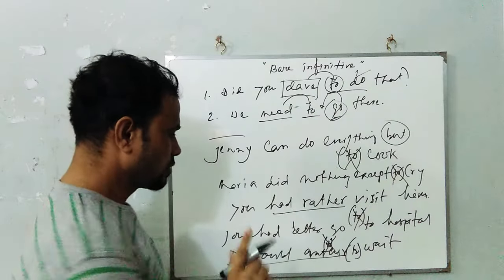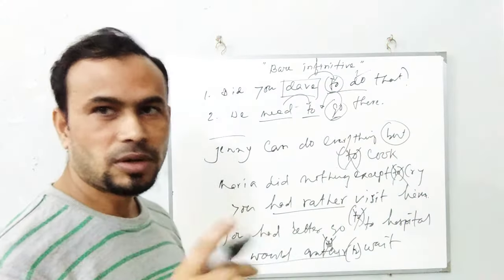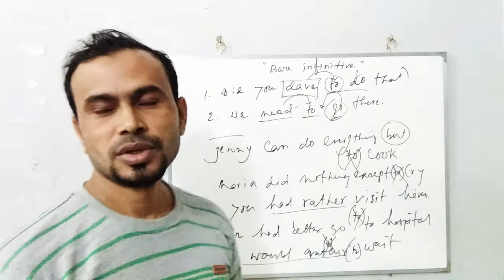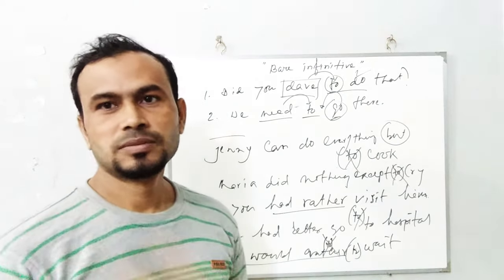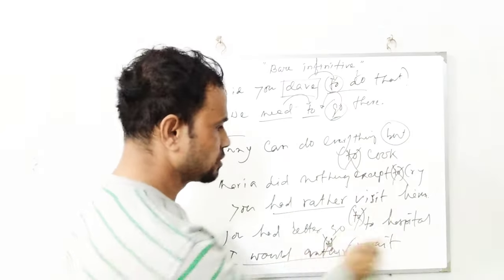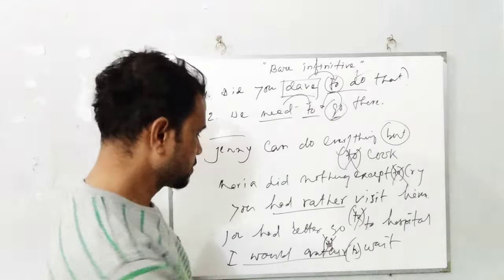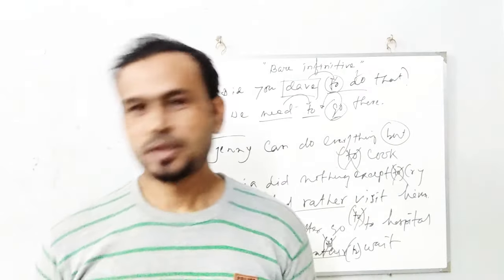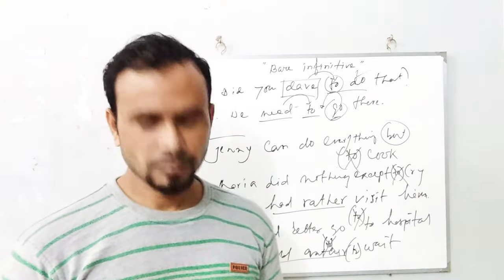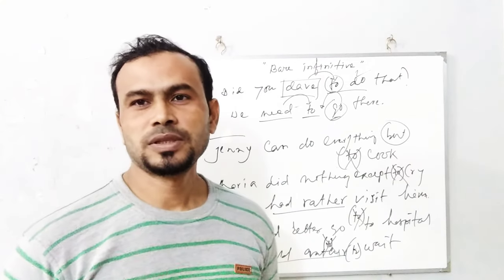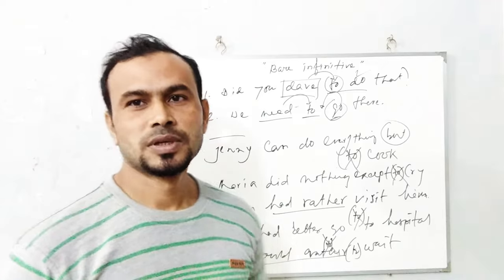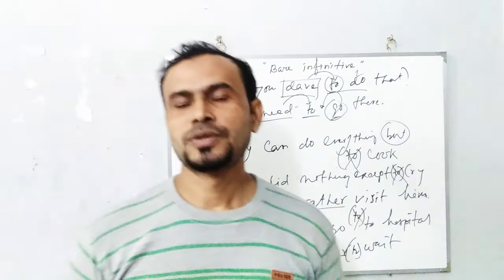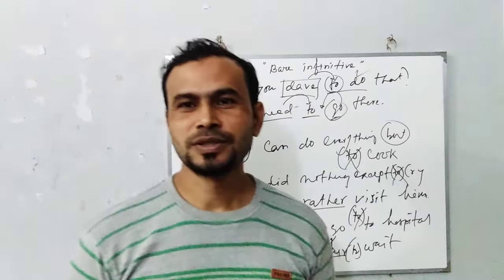You can always say I would rather wait. You cannot use infinitive to before the verb after would rather. I think my friends, you got it properly, what I'm trying to define about bare infinitive.